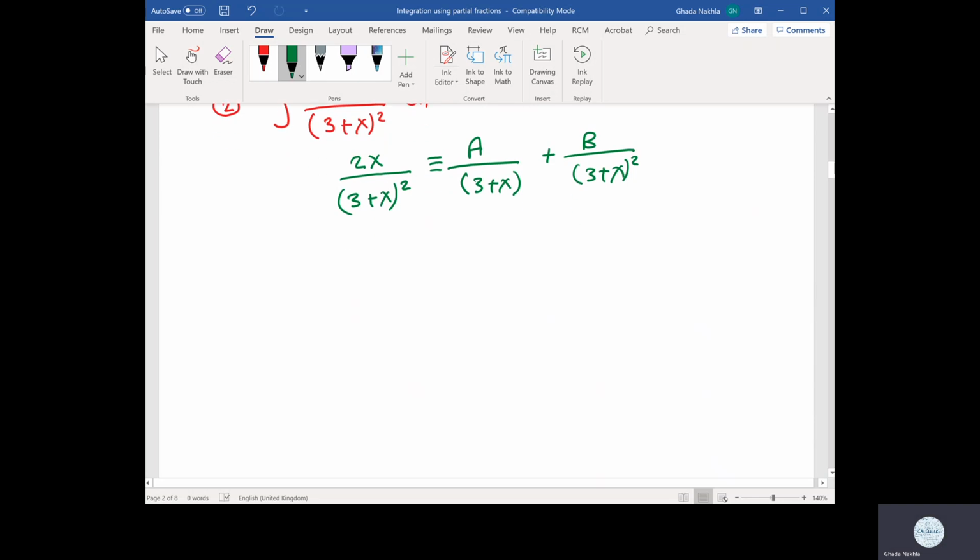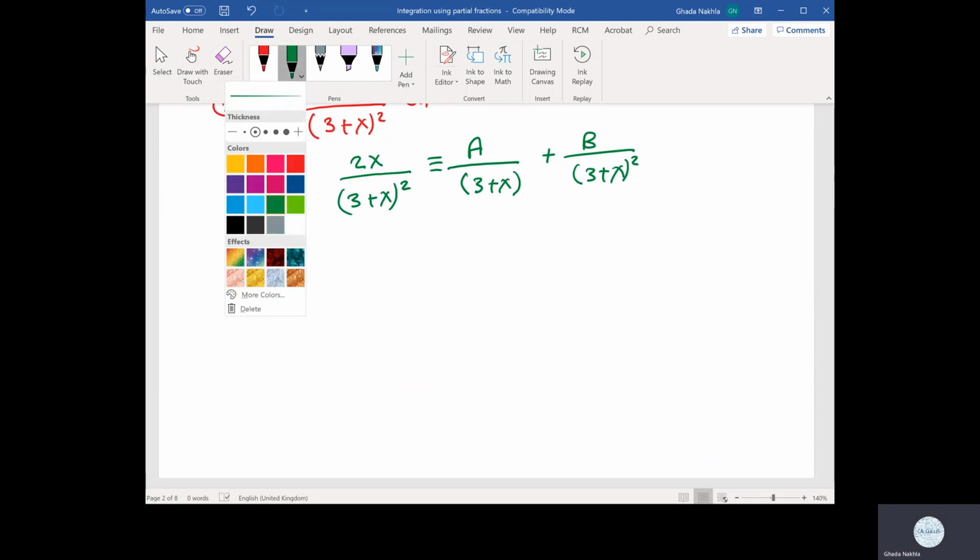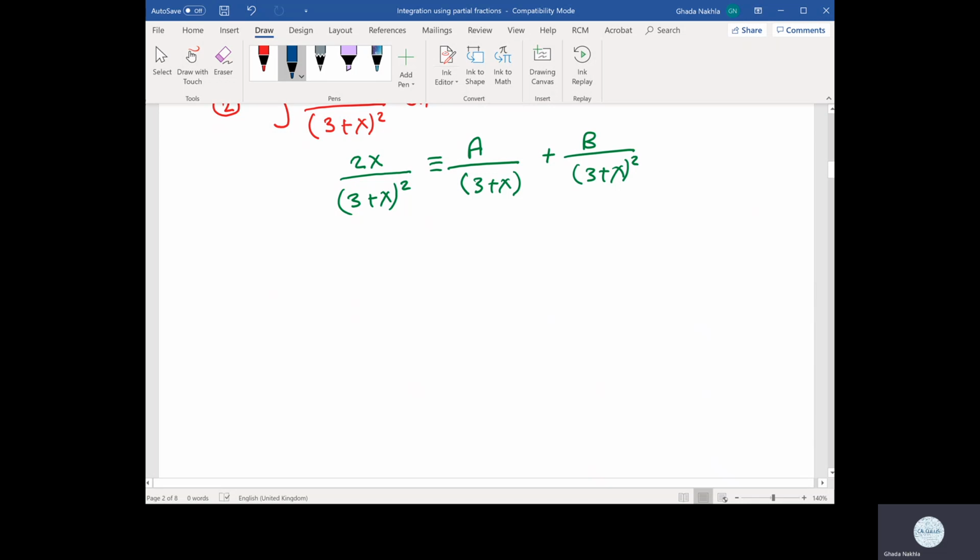Then I need to think of having common denominators, and to have a common denominator, I'm going to go for 3 plus x all squared. So this means I have to multiply 3 plus x here divided by 3 plus x.